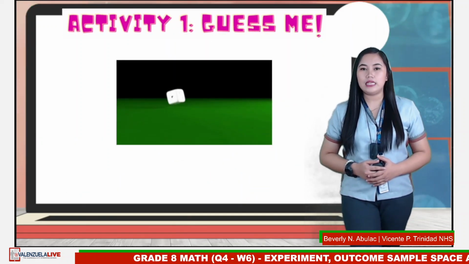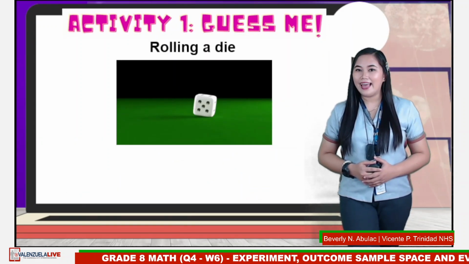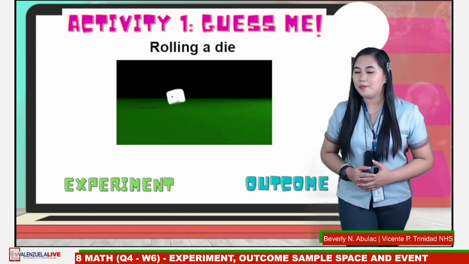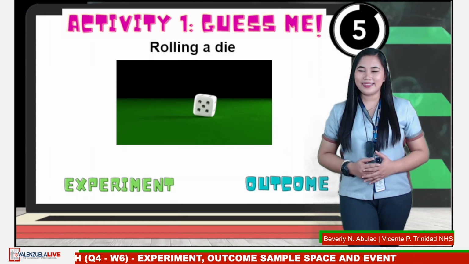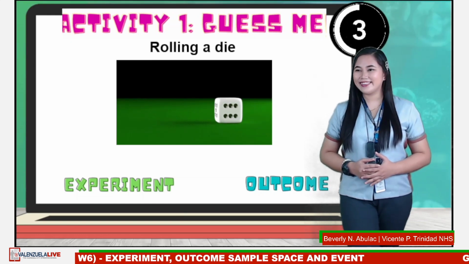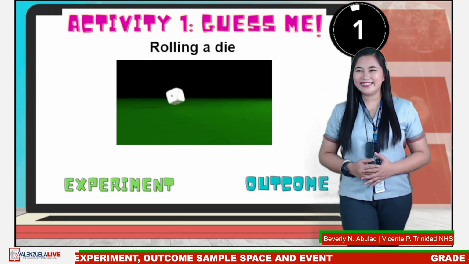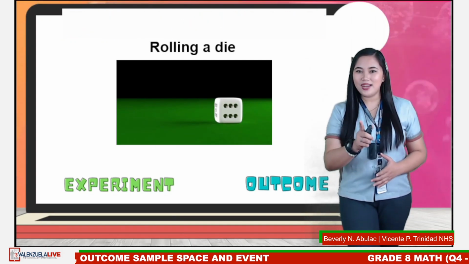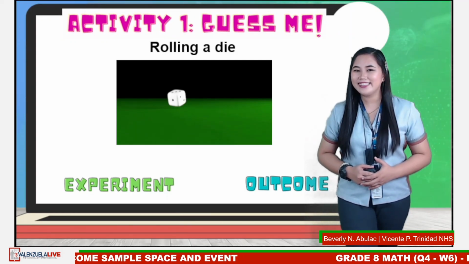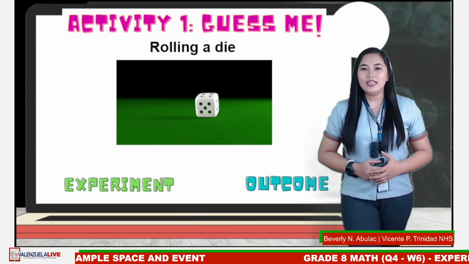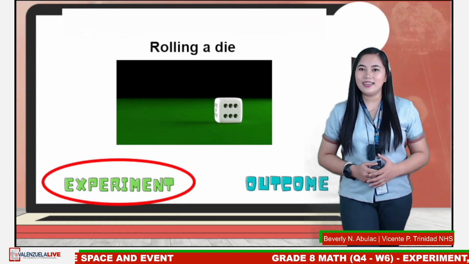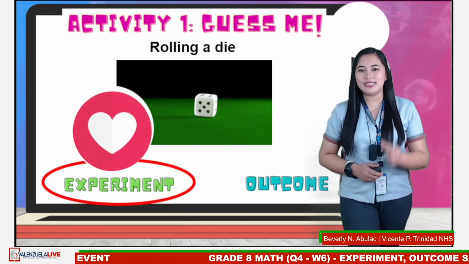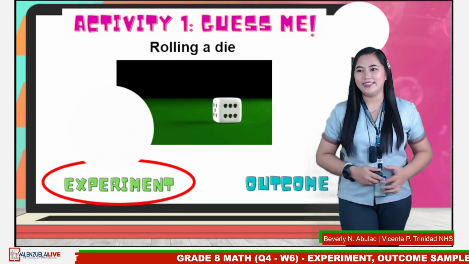Next, number 3. Rolling a die. Is it an experiment or an outcome? Time's up. Are you done pressing the correct react button? Awesome! The correct answer is experiment. Therefore, you should be able to press the heart react button.